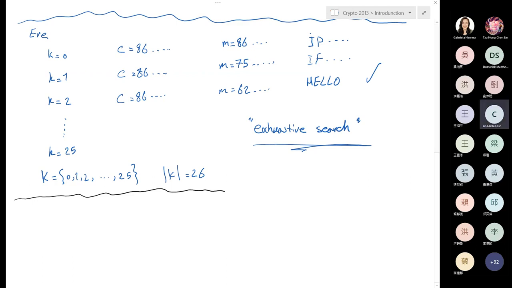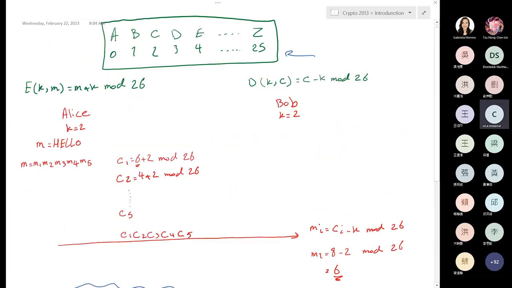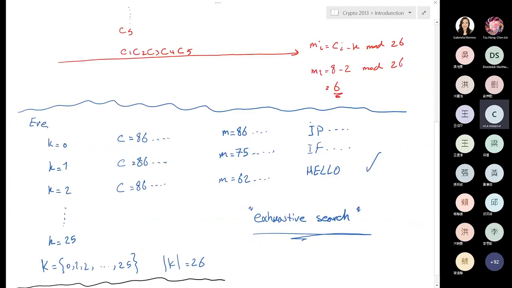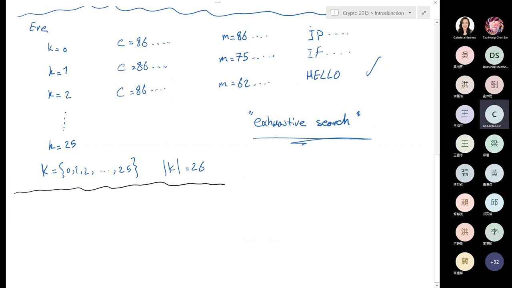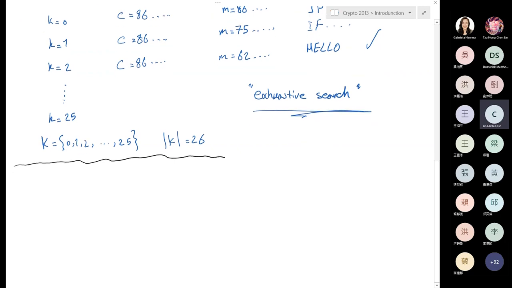No matter how good or complicated our algorithm is, if Alice and Bob have a small set of keys to choose from, the adversary can try all combinations of the keys and therefore break the system very easily. So ideally, we want the size of the key space to be huge.